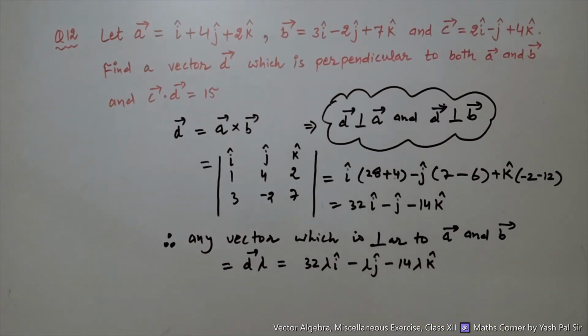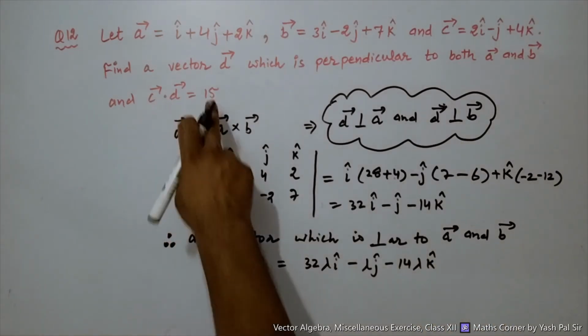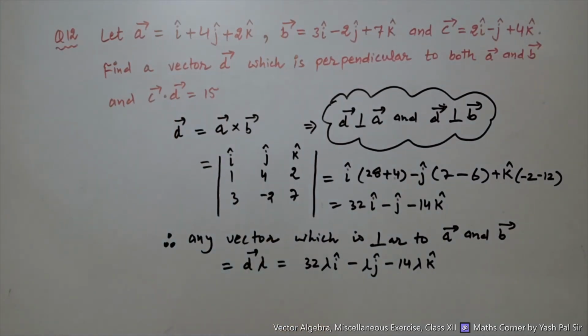Now second condition is C dot D vector is equal to 15. So C vector dot D vector is equal to 15. This is given. What is C?